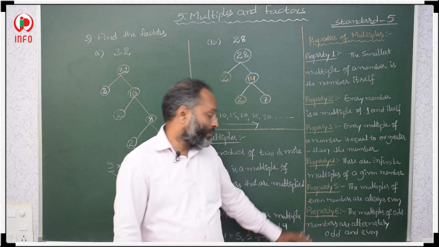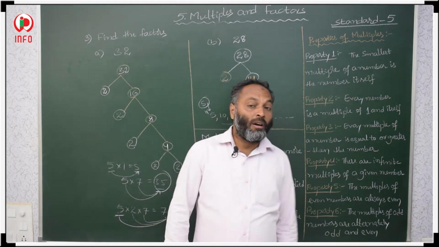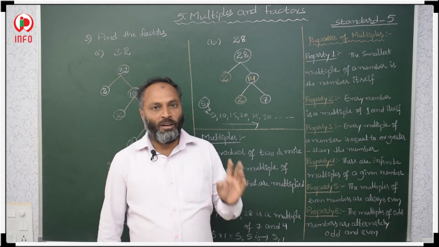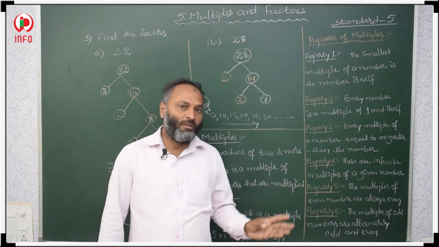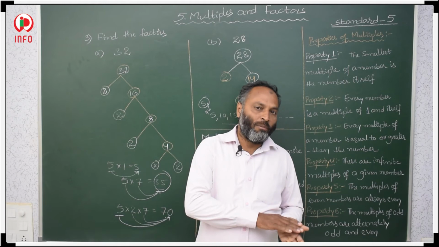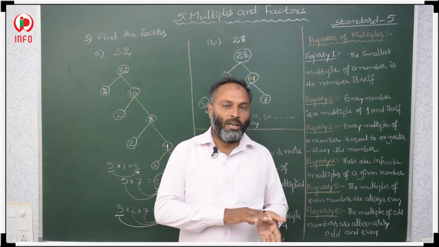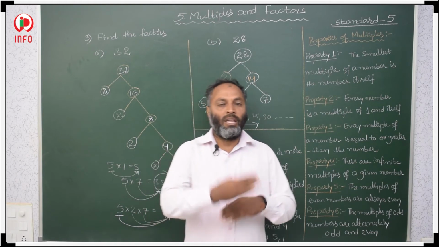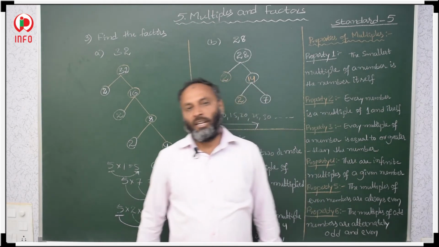In the last property, multiples of odd numbers. If odd multiples are there, then what? Whenever odd multiples are there, first you will get an odd number, then an even number, then odd, then even, then odd, even. It continues.